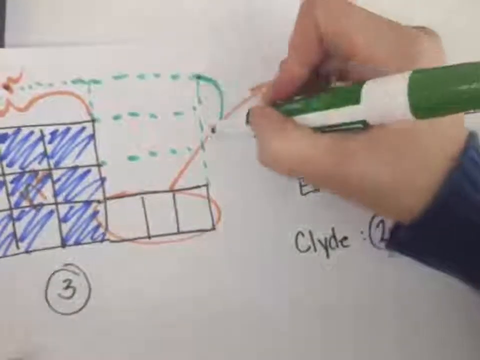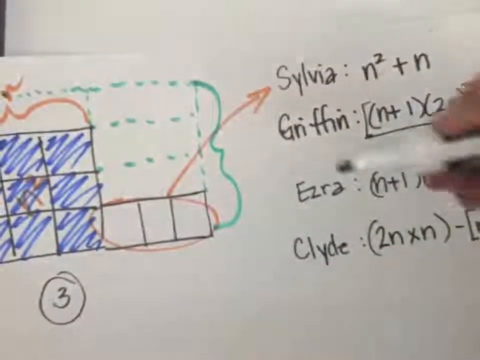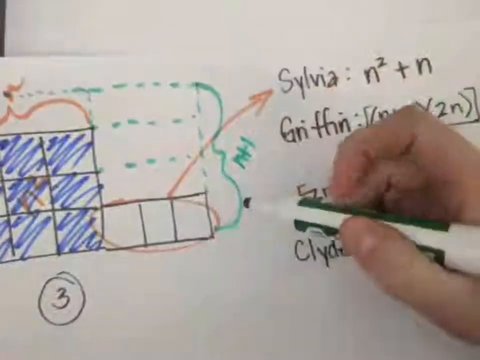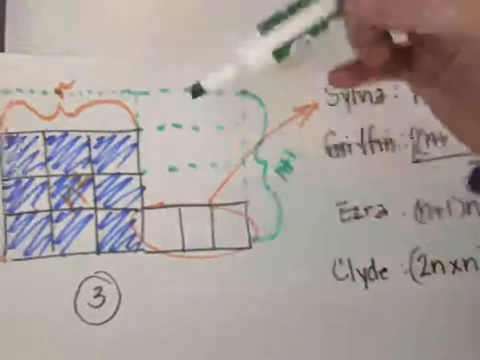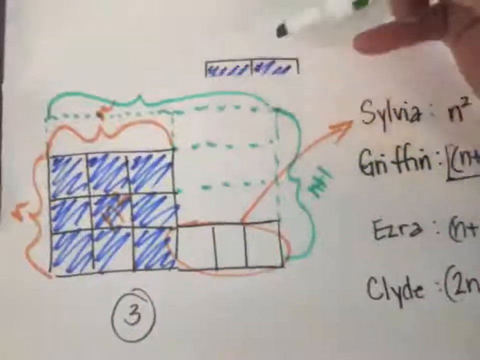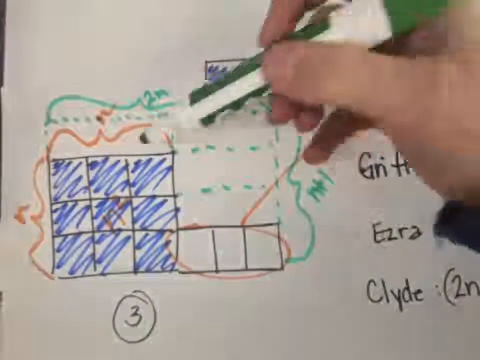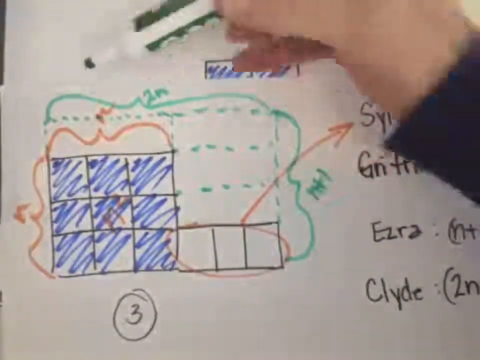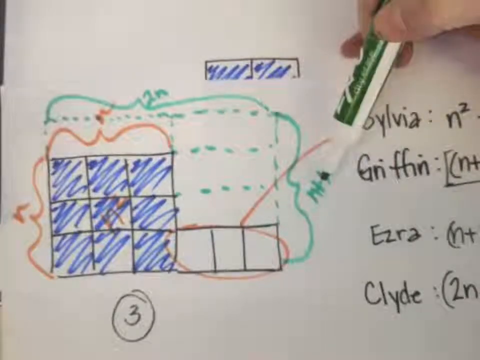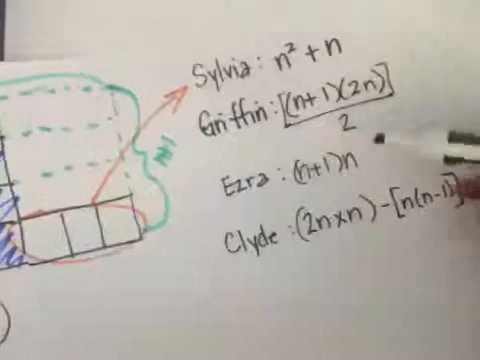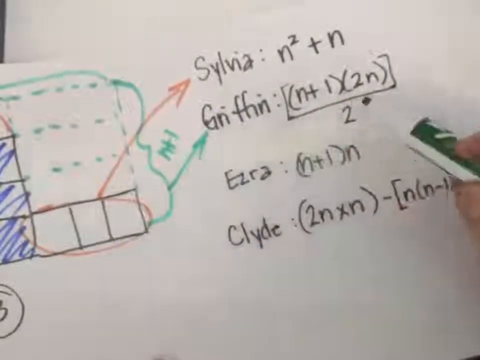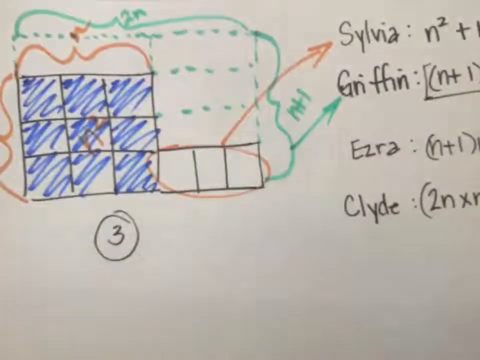He said this side was n plus 1, because it's one more than the stage number, which is 3. And this side, he noticed, was 2 times the stage number, or 2n. So to find the total number of squares, you would multiply 2n times n plus 1, and then divide that whole thing by 2. And that's what he did here for his expression.